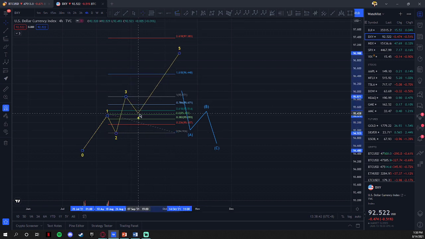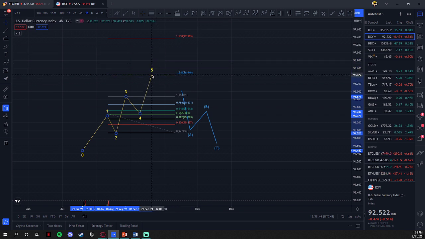Then we have the corrective wave and the fifth impulse wave, maybe like this. From this you can get your price target for wave 3 and wave 5, and you will hope to see your target being met like that.